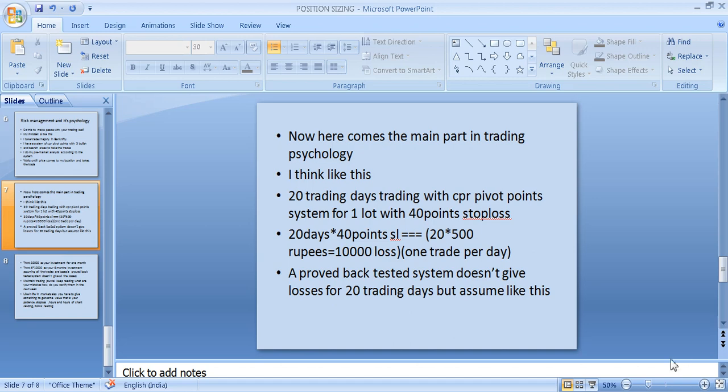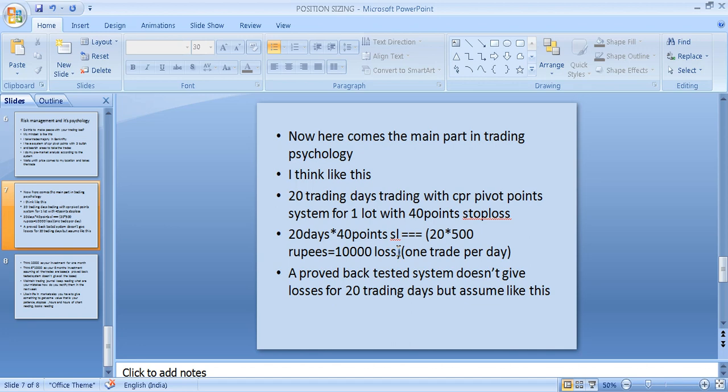If at all on those 20 days I made losses, that means, for a well structured setup it is not possible to give you losses for 20 days, but for simplification purposes, to make peace with your losses, I am telling you this concept. For 20 days you are going to lose 40 points in Bank Nifty, assuming one trade per day.